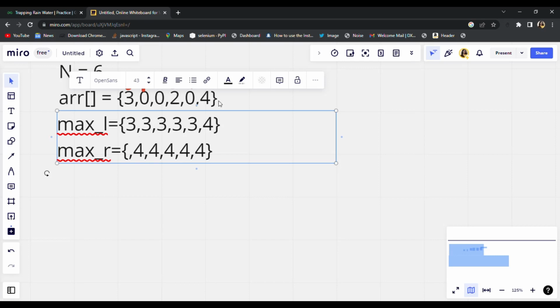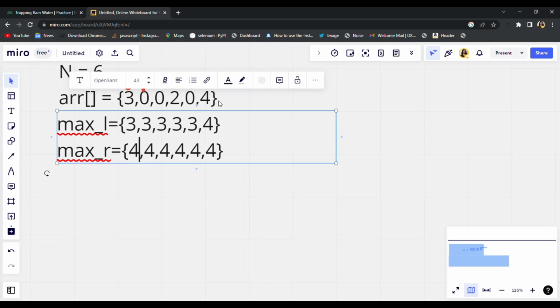Yes. So now comes the 0th index, which is having the height of 3, and till the first index, we have got the maximum height as 4. So which is maximum? Is 3 maximum or 4 maximum? Obviously 4 is maximum.